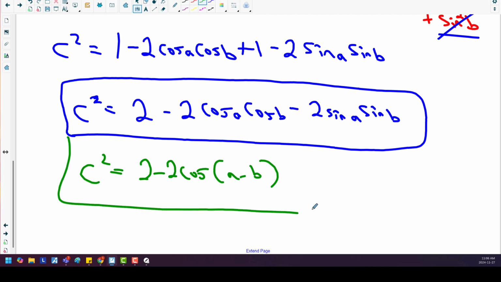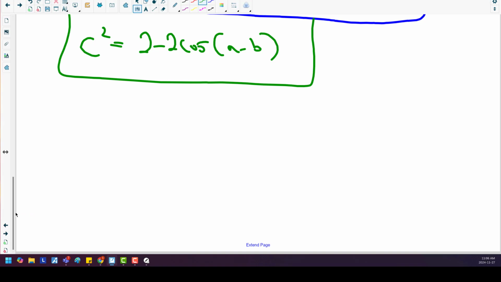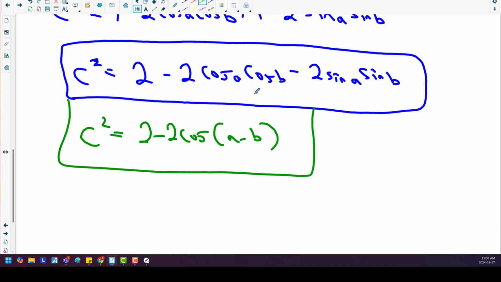Since both of these equations are solving for the exact same thing, for C, we know that we can just equate them, because c squared is equal to this, c squared is equal to that. So now we're going to make these two equations equal. I should write it a little bit neater.